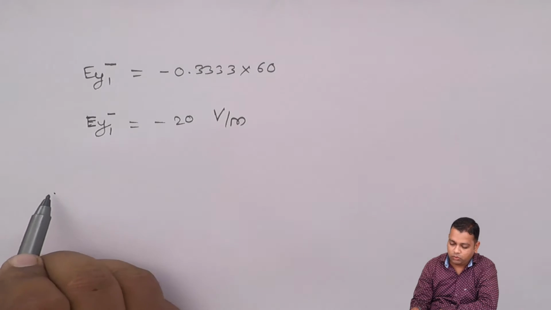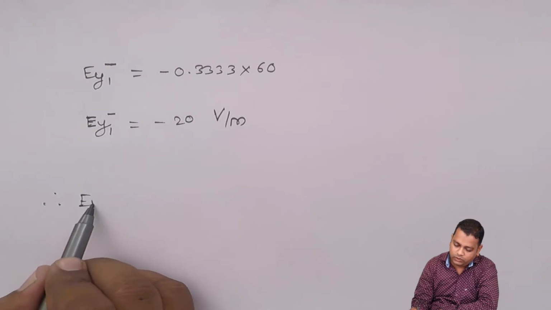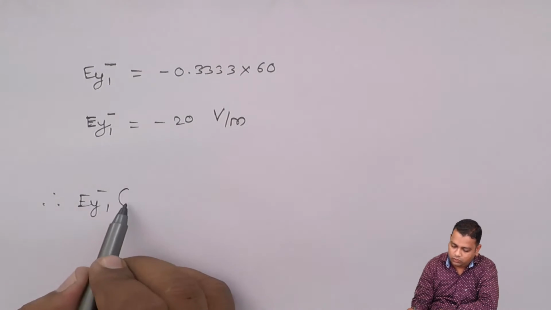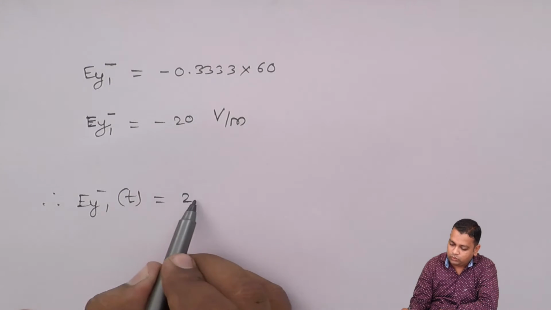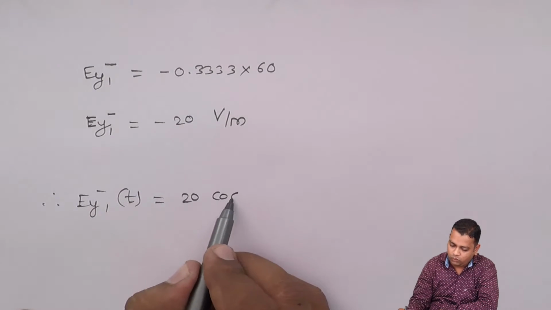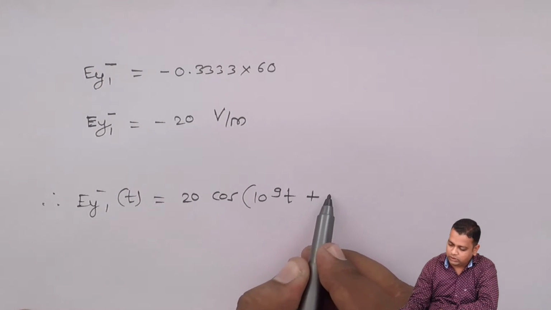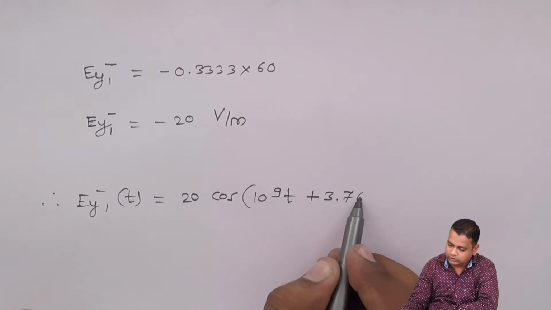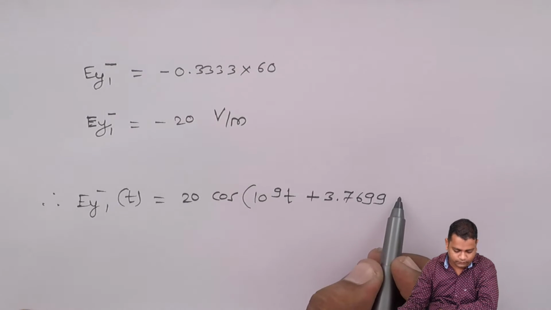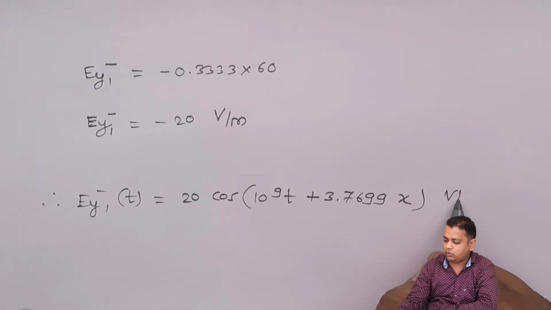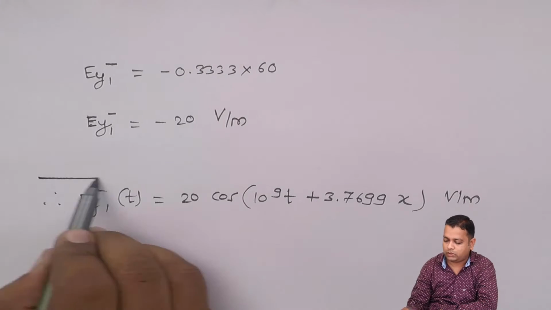Therefore, as a function of time, we can write EY1 negative as a function of time. It will be equal to 20 cosine of (10 raised to the power 9 t plus 3.7699 x) in volts per meter.